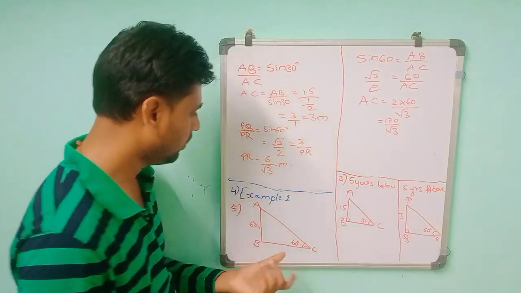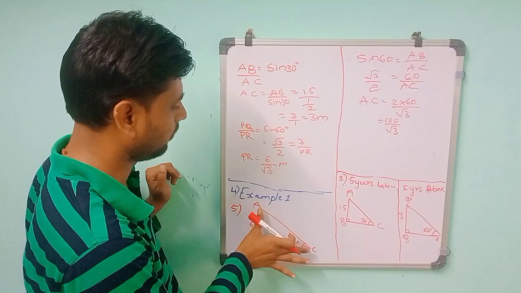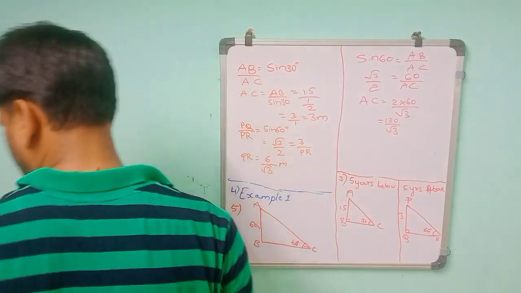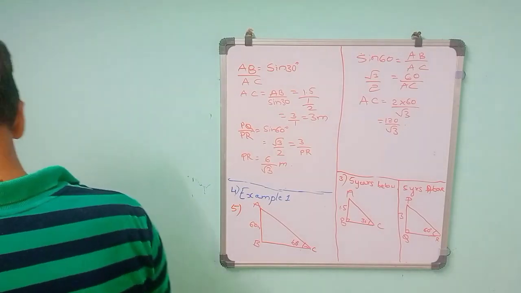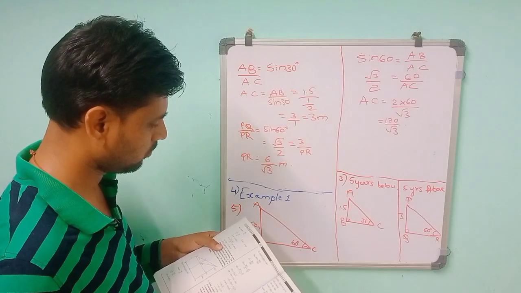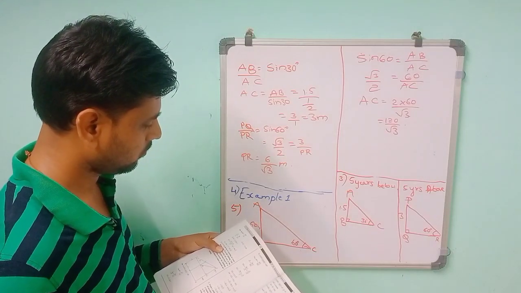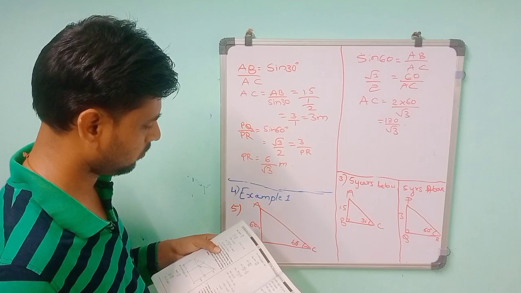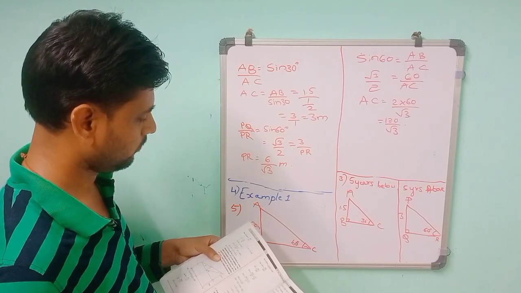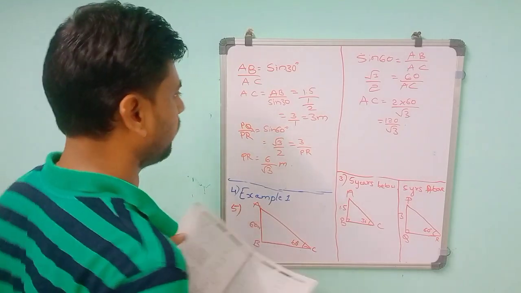So you will get the length of this string is 120 by root 3.